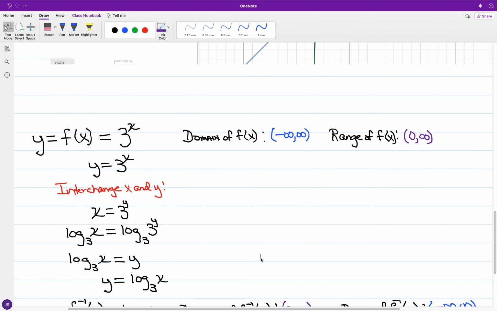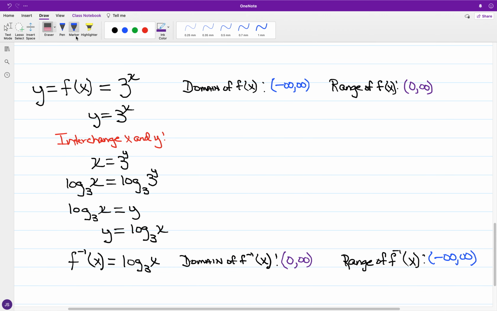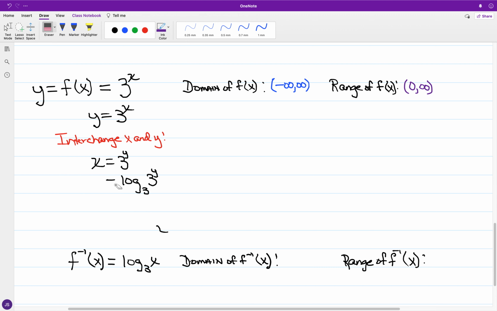Let's say I have a vertical shift, and I had that y is equal to f of x is equal to 3 to the x, followed by the subtraction of 1.